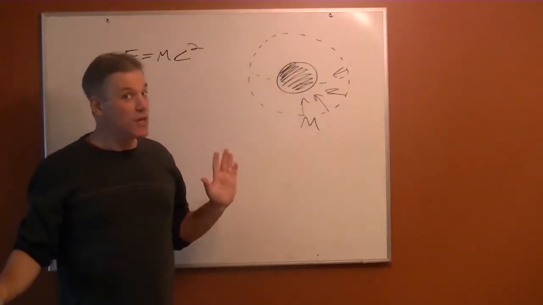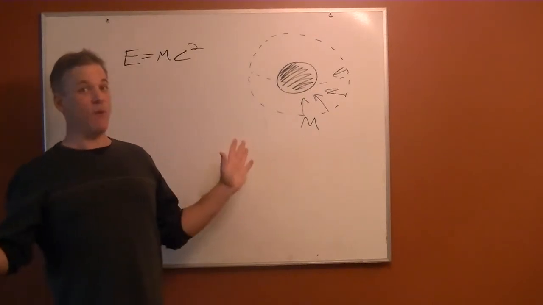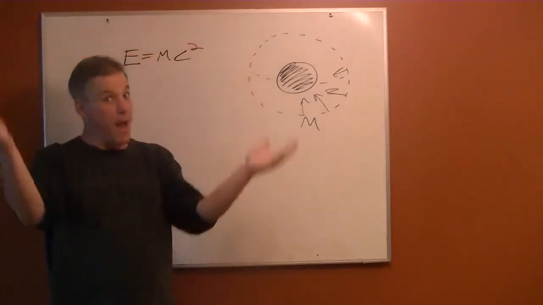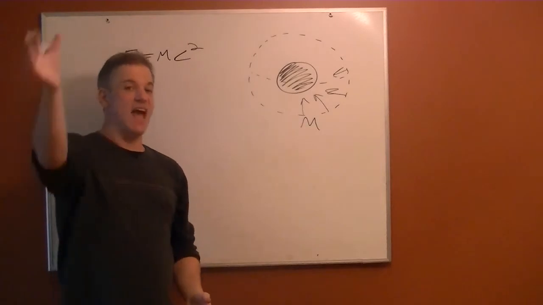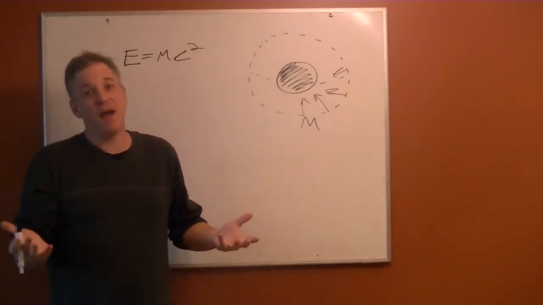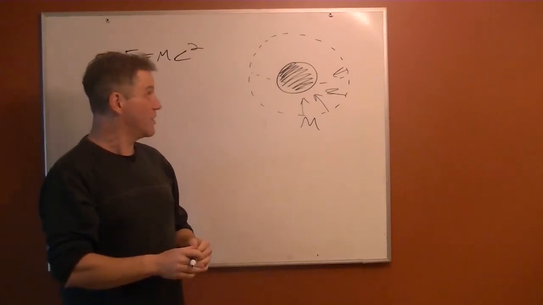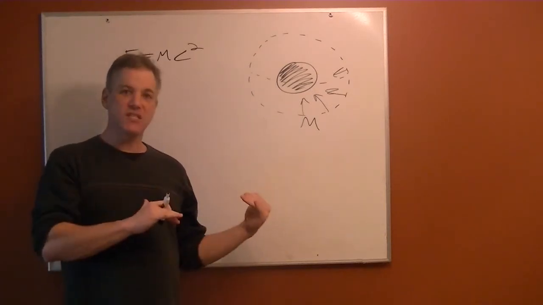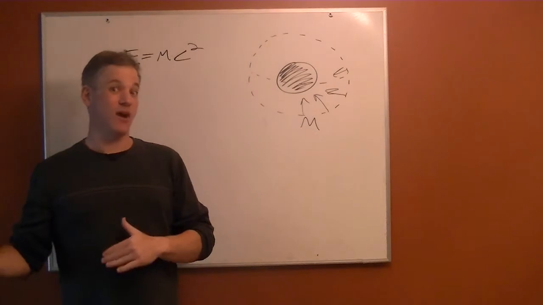Notice I never have to look inside there. I can stand far away from it, set up an imaginary sphere, test everywhere on that sphere, and figure out what's inside. And that's the magic of Gauss's law. It works really well. We're going to use these two things and spend some time talking about gravity.